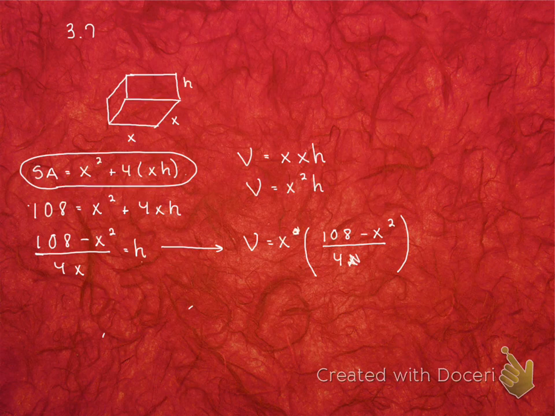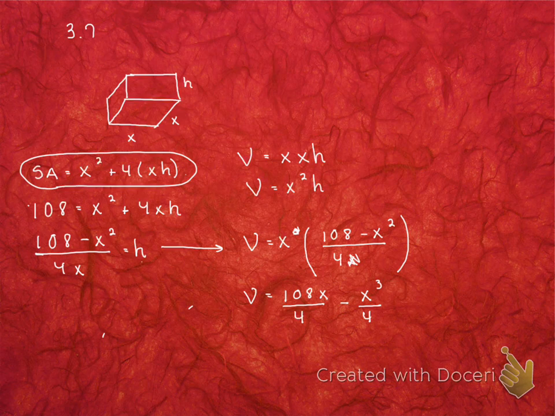Then we end up with the volume is 108x over 4 minus x cubed over 4. So that is what we need to find the derivative of.